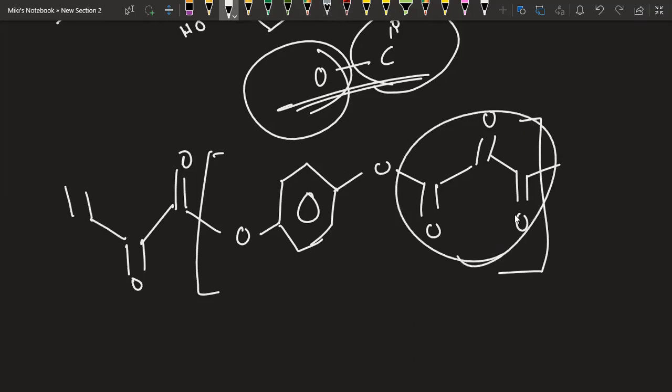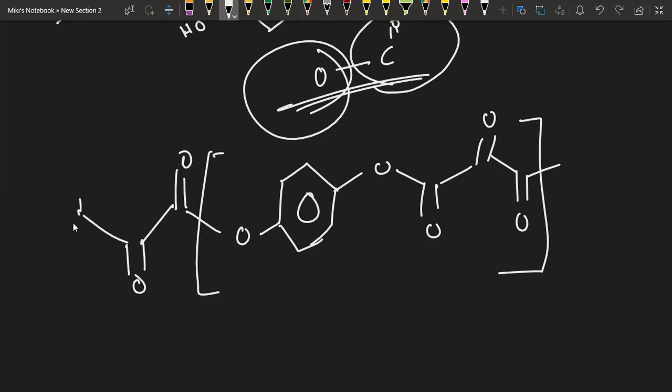I just flipped it, bringing this down, so that it goes with the flow. And it continues until we get another oxygen of the phenol, and there's this phenol group present there. So that means this is the repeating unit.